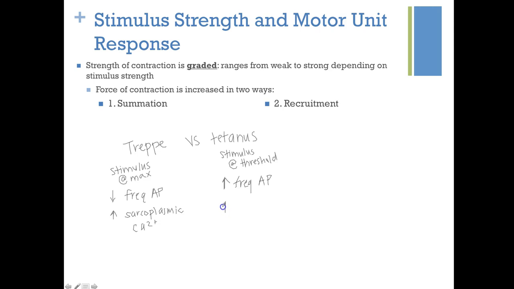And this is more of a comparison. We are also going to have increased sarcoplasmic calcium in our tetanus as well. Okay, to allow for that summation to take place.